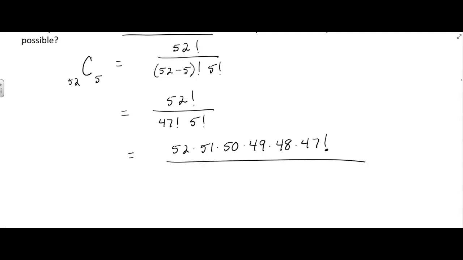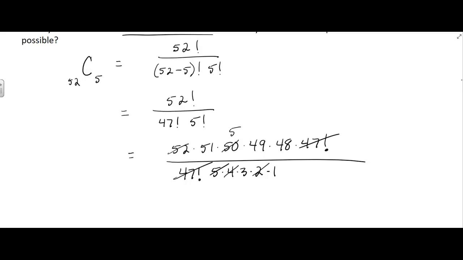Good thing we don't have to write those out anymore. And the 47 factorial, we're not going to write that out because that's going to cancel. But then the 5 times the 4 times the 3 times the 2 times the 1, write that out. Okay, 47 factorials cancel. 5 times 2 is 10, and 10 goes into 50 5 times, so I could say that.